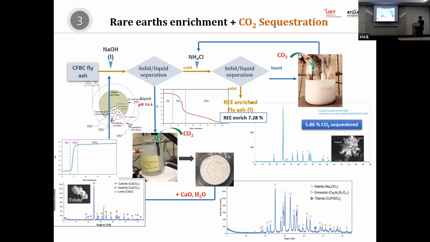So this is the main achievement. From CFBC fly ash, first we do alkali activation, and after alkali activation we do filtration. The high alkalinity liquid has a pH around 14. By doing carbonation, by adding carbon dioxide, the pH is reduced to around 8.3. This process is divided into three regions.